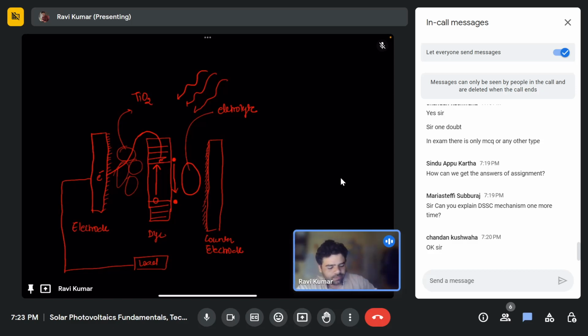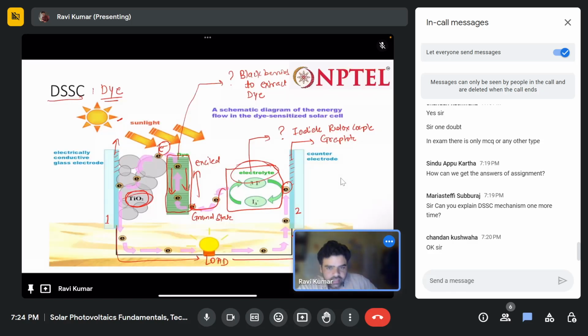So for this purpose, this electrolyte will give an electron to this dye. And after getting an electron, this dye will come from the excited state to the ground state. It will come down. This electrolyte is giving an electron to this dye and it is coming down. So this is a complete path.